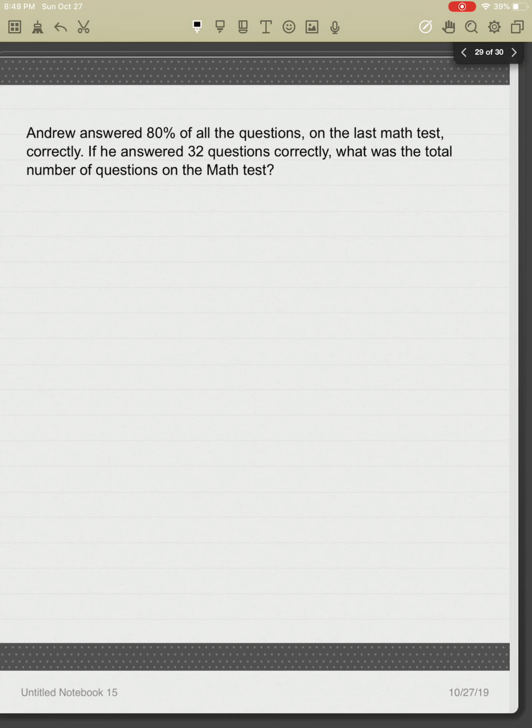Okay, it says Andrew answered 80% of all the questions on the last math test correctly. If he answered 32 questions correctly, what was the total number of questions on the math test? Okay, so again, this is a part to whole ratio. So part to whole, we're going to set that up, and again, we have to keep everything lined up with part to whole.